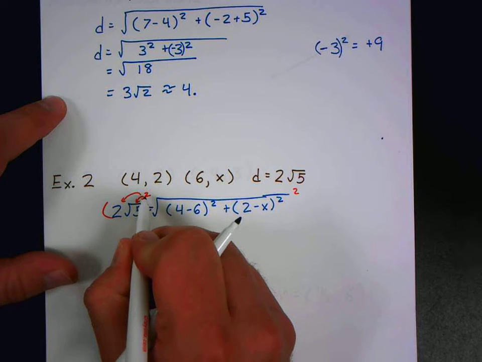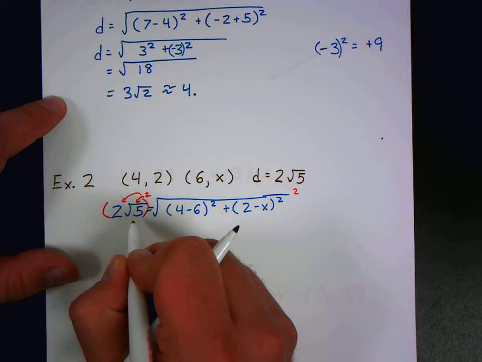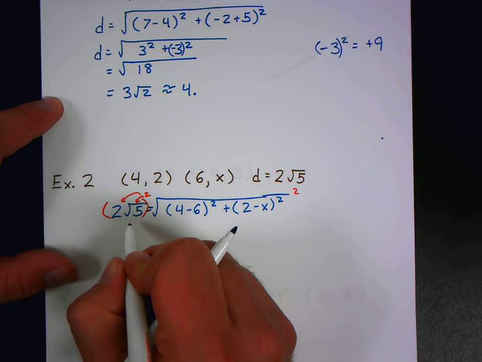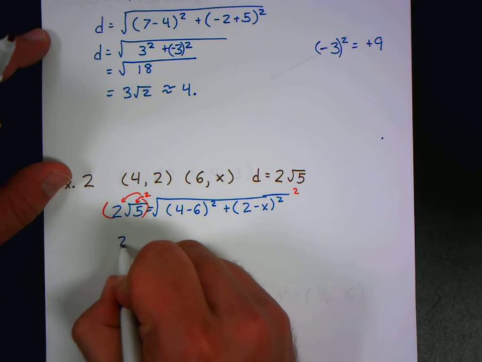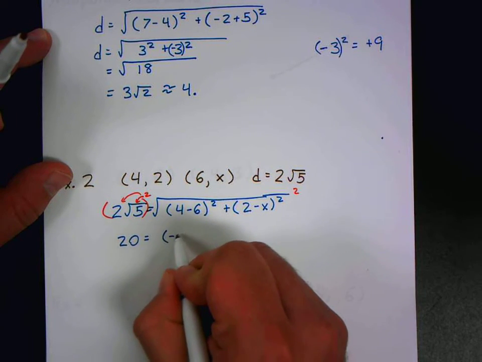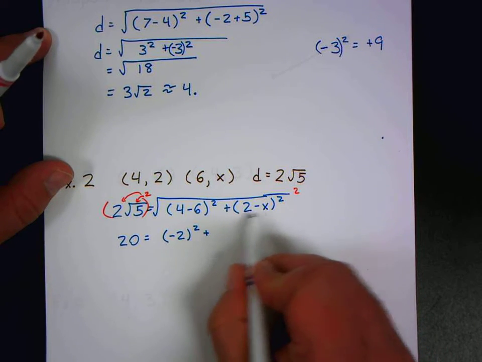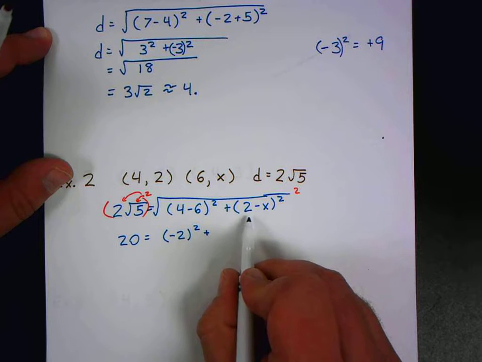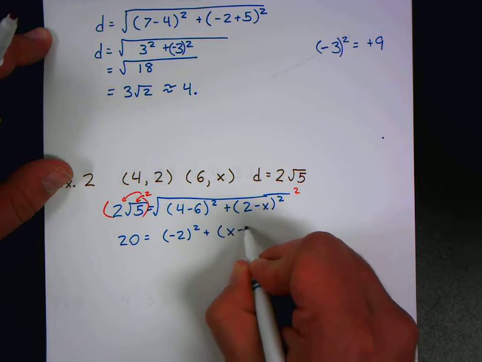So 2 squared is 4. Square root of 5 squared, your square root sign just cancels out. So you get 4 times 5, which is 20. Now, since these are interchangeable, I wrote this down not how I wanted to write it down. So I'm going to change that order.